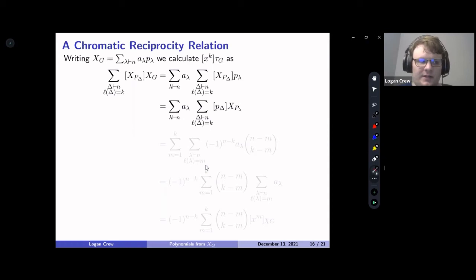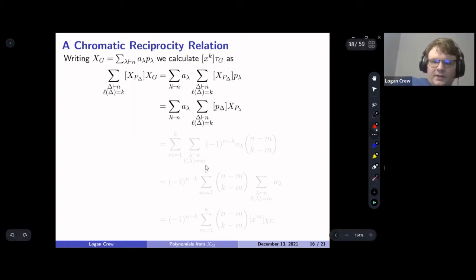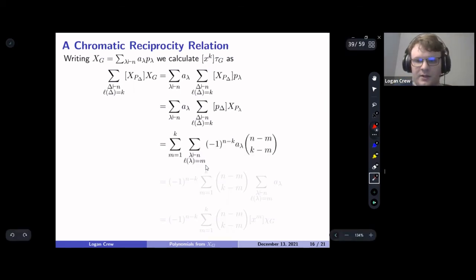And we have our nice result on the P_lambdas that we have this function that X_G is the sum over all subsets S of the edge set of (-1) to the cardinality of S times p_lambda of S. And when you have a disjoint union of paths, you can very quickly figure out what is happening with that.